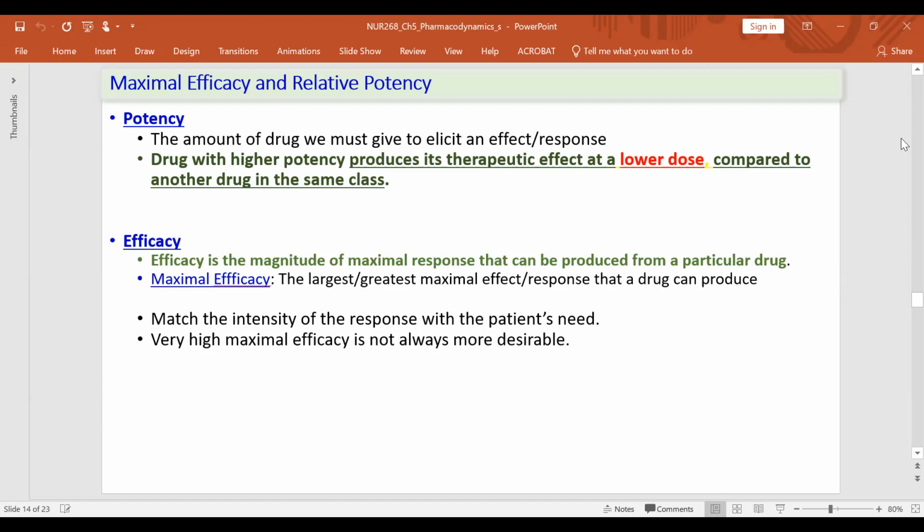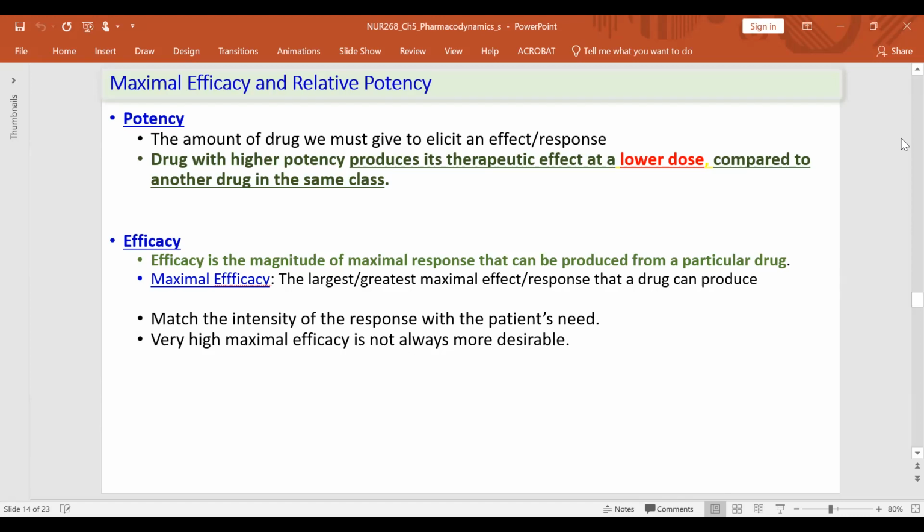You can control blood pressure with amlodipine at a 10 milligram dosage, but for nifedipine the dosage should be at least 180 milligrams. So amlodipine is more potent than nifedipine. Again, this quality of the drug is not of much importance compared to the efficacy.